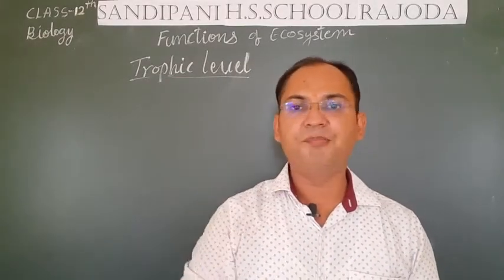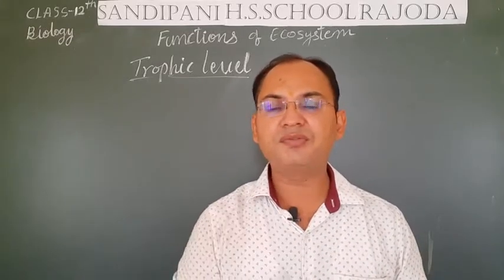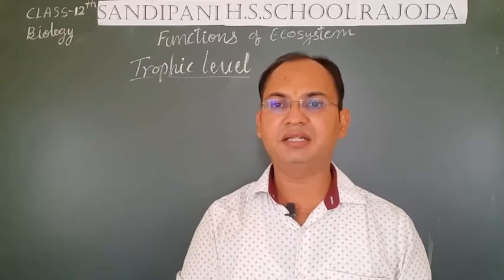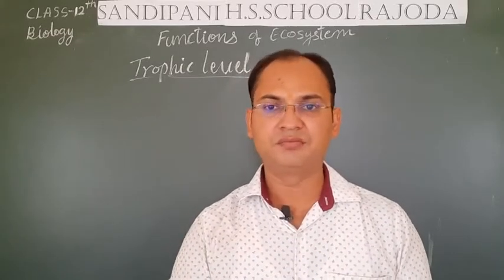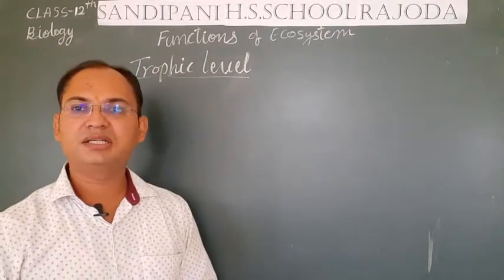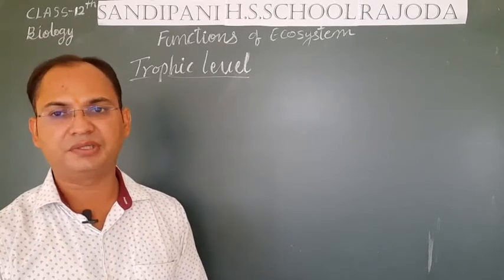The main basis of the creation of the trophic level is the mode of nutrition of the living organisms, the way in which they take in the nutrition. So, mainly 5 types of trophic levels are there in an ecosystem. Let's see what the basis of creation of these trophic levels is.